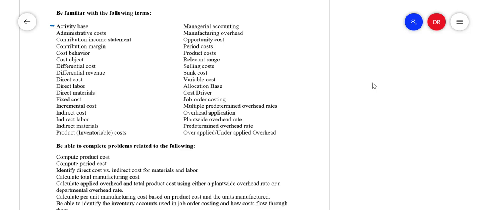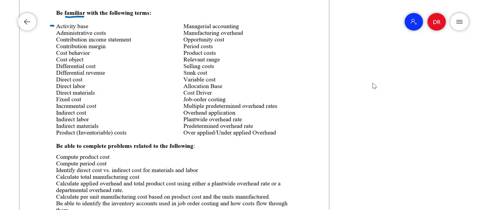So you'll want to be familiar with these terms and know what they include or what they are, and how they're used in managerial accounting. So understanding that the activity base, like in the first example, if you go to the glossary, it says that this activity base is a statistical measure that you use to allocate cost to a cost object.